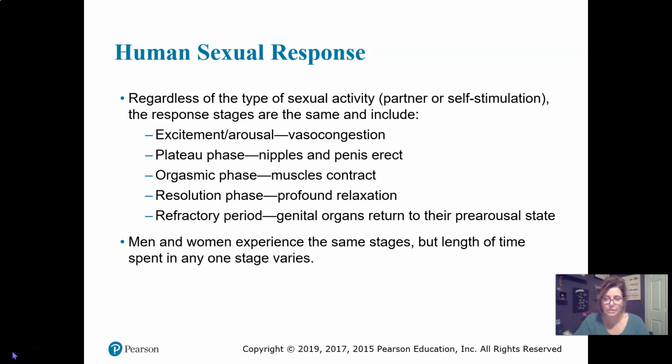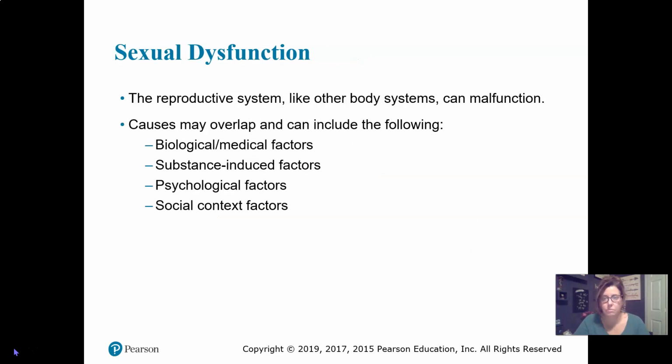Men and women experience the same stages, but the length of time spent in any one stage varies. In males, the refractory period is the time it takes before subsequent arousal can occur. The reproductive system, like other body systems, can malfunction. Sexual dysfunction is the term used to describe problems that can hinder sexual functioning.